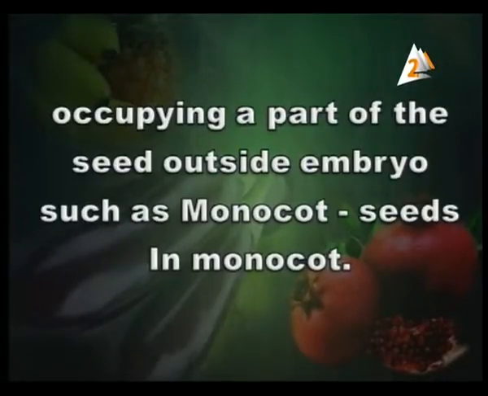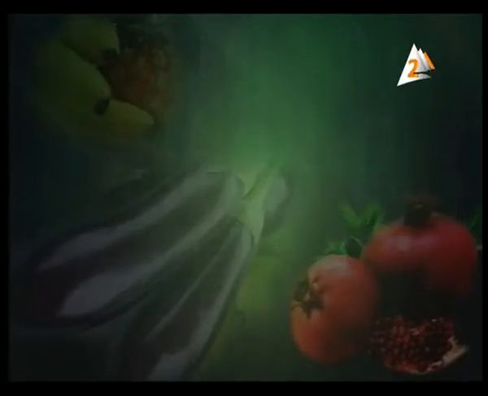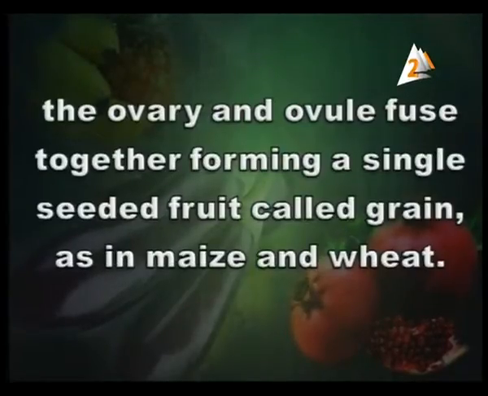So it is found around the embryo. This is found in general in monocotyledonous plants, where the ovary and the ovule fuse together, forming a single-seeded fruit called grain, as in maize and wheat.